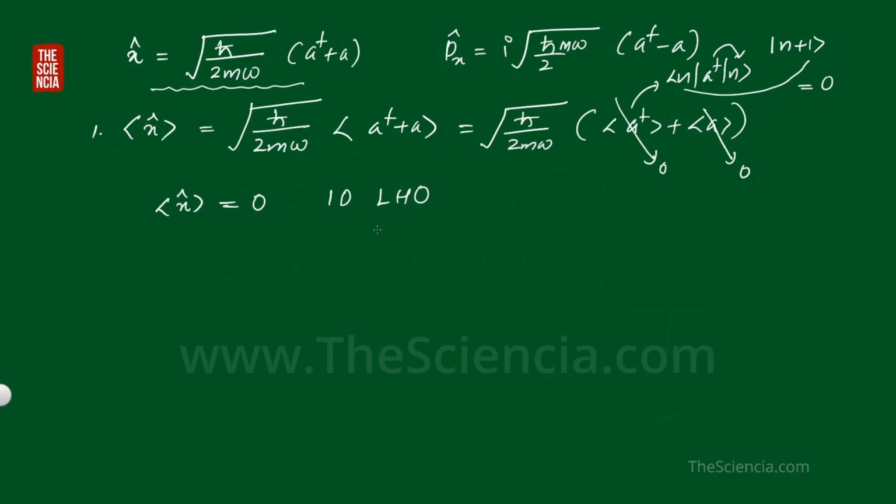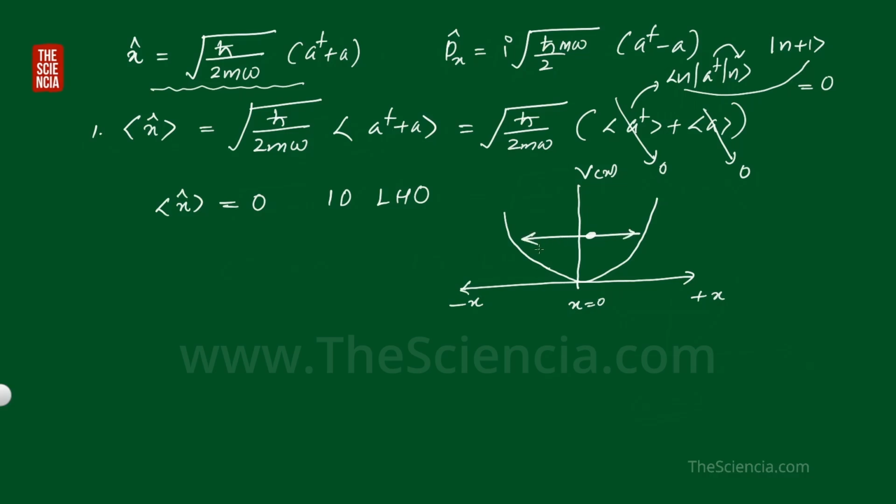This is quite logical also. See, this is our linear harmonic oscillator potential. Right. This V of x, and this is x equal to 0, and this is plus x, and this is minus x. So the particle is oscillating in this potential. So suppose this is our particle, then it can oscillate.